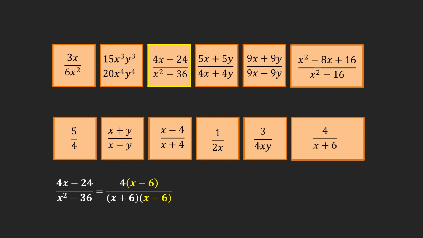And then in our denominator, we have x plus 6 times the quantity x minus 6. Then again, cancel this one out. What will remain is just 4 over x plus 6, or that particular box. Now I want us to solve the remaining boxes. Kindly work on this box, and this box.